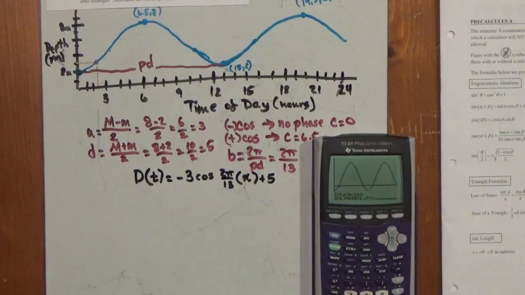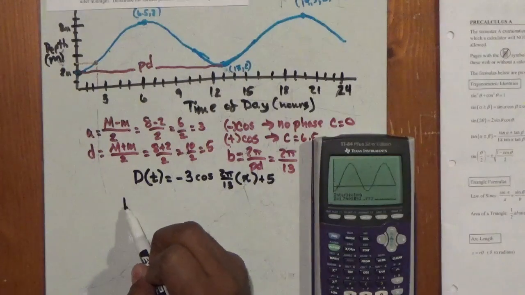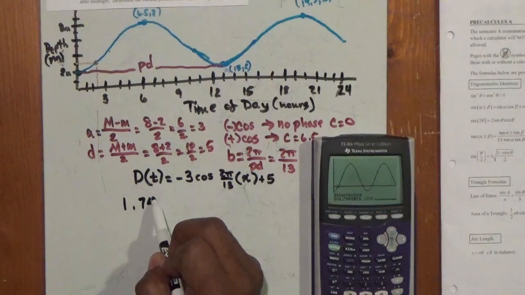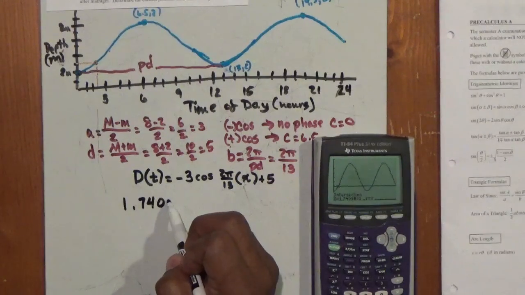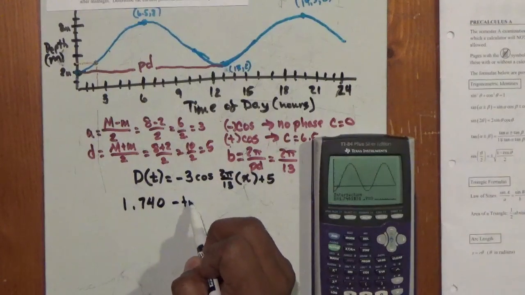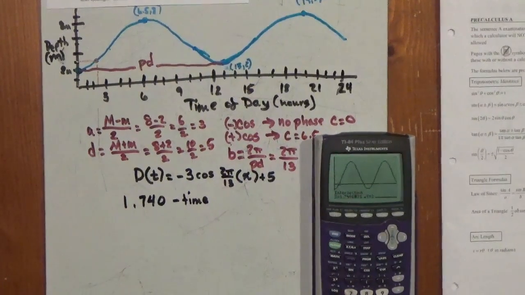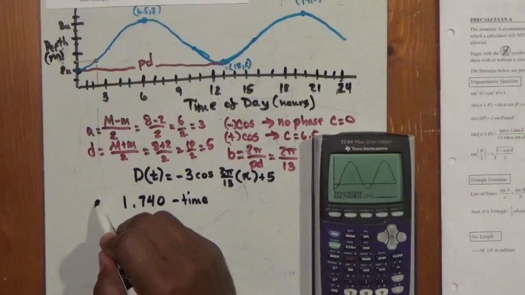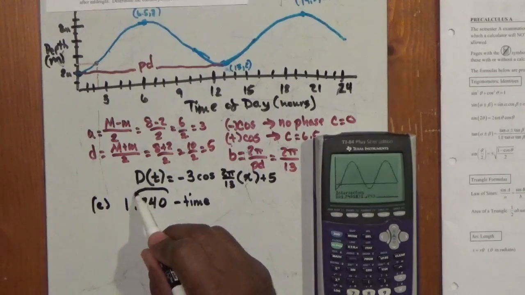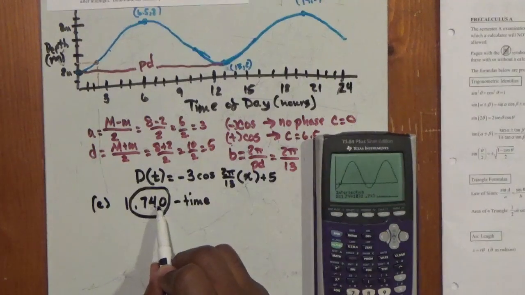It tells us that the earliest is 1.74. If you want to write more decimals, because we're going to have to work with this anyway, that's the earliest time. And that's not really a time, that's the decimal value. In order to find the proper time, we have one more step to do for C, and that's to take the decimal portion of your answer. We know it's at 1 hour and 0.74 of an hour.